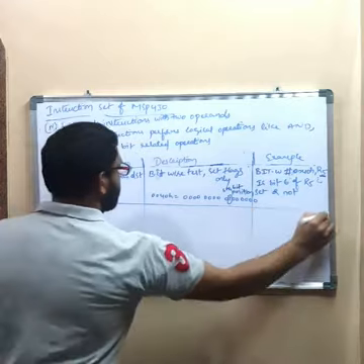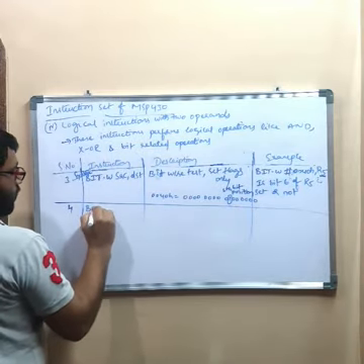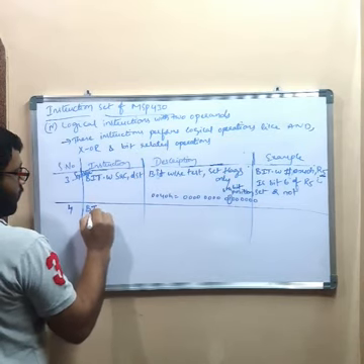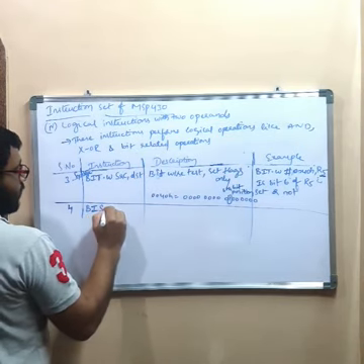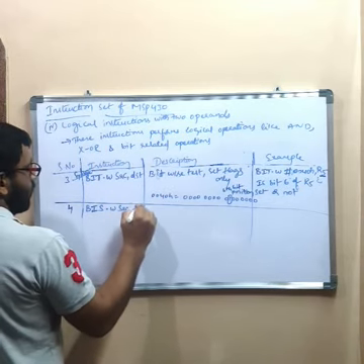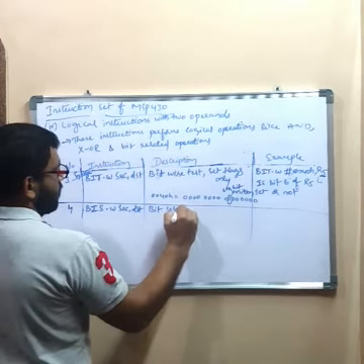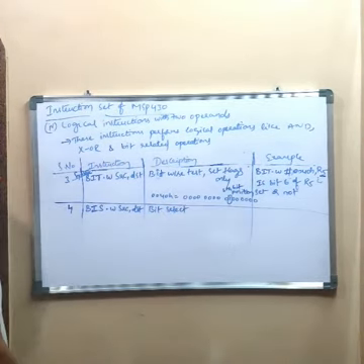Next instruction is BIS.W source comma destination. This is bit set.